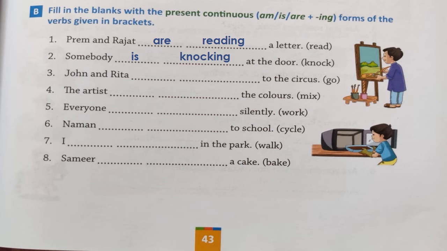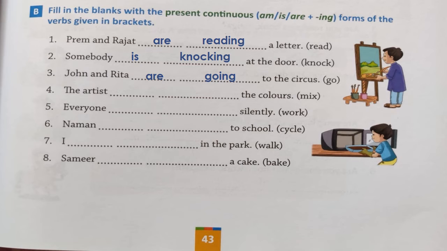Number 3, John and Rita are two, plural. So what will we use? Are. And the verb go will become going to the circus. So let's write are going. Number 4, the artist. Artist is one, singular. So is.